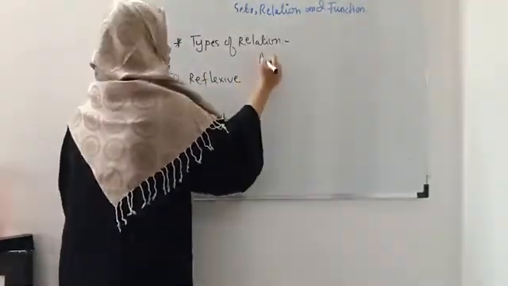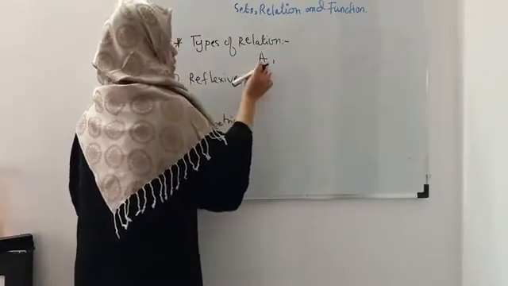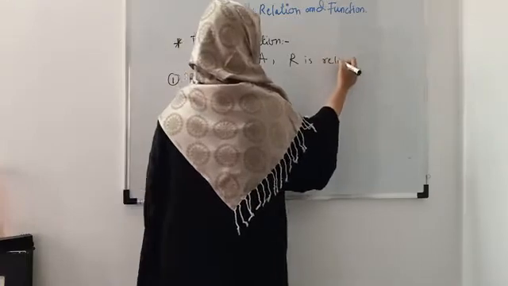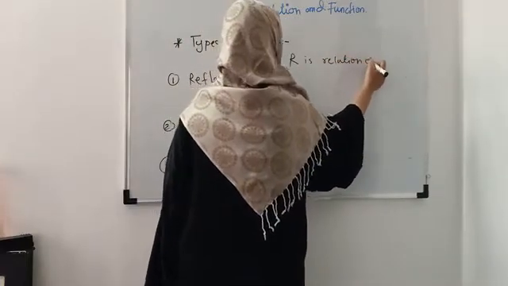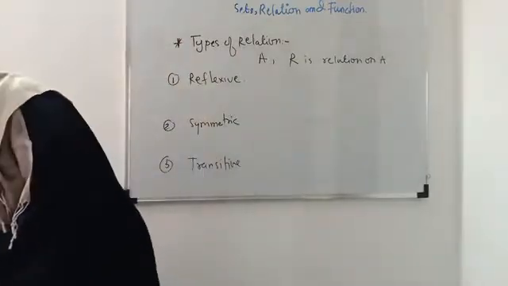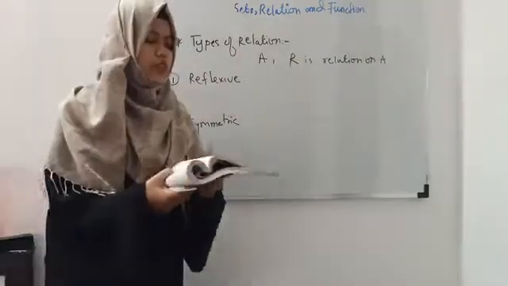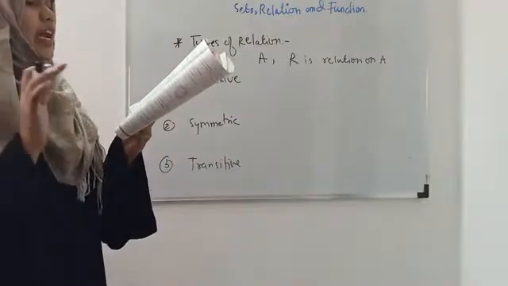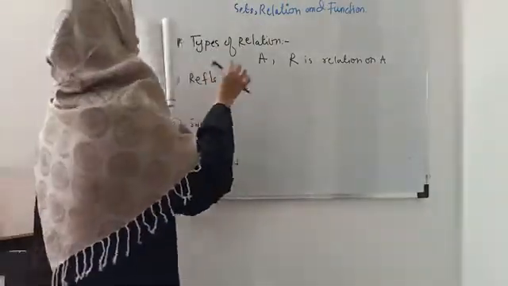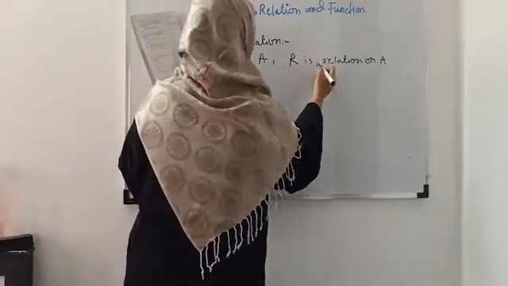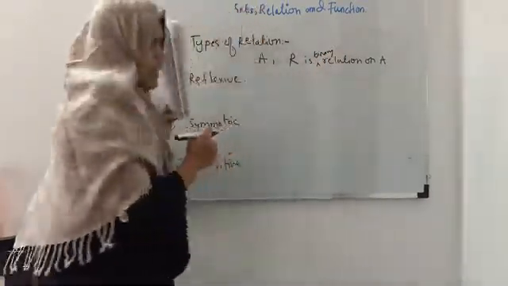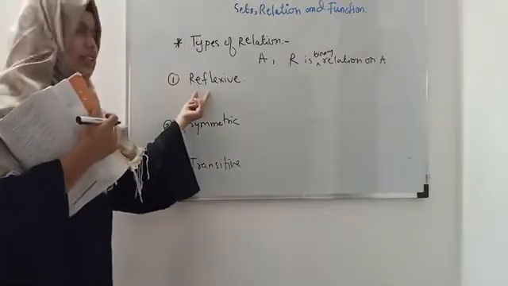So if you have a non-empty set A, and R is a relation on A, or if it is not given, it should be binary. You can have two sets, okay. It is only given that A is a non-empty set, then R is a binary relation on A, then it is called reflexive.